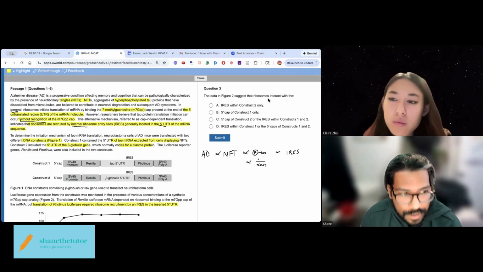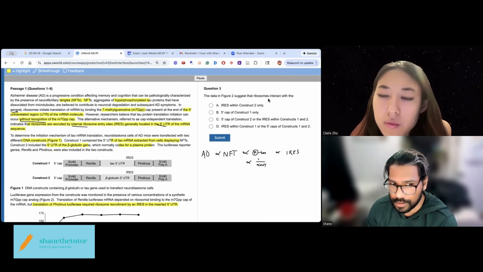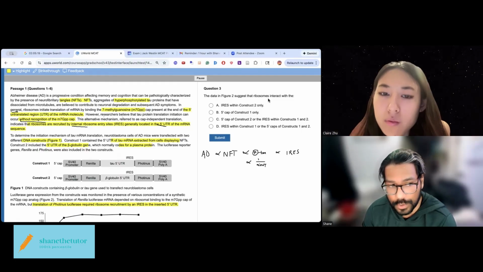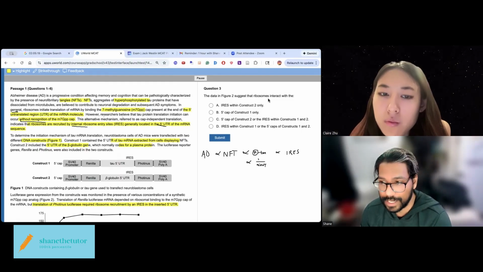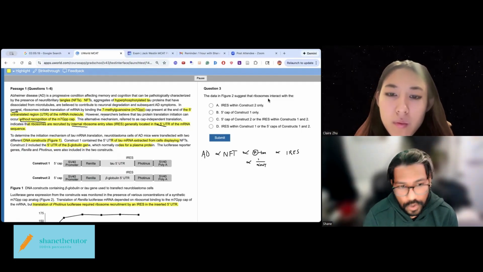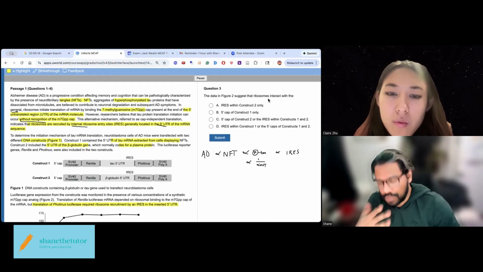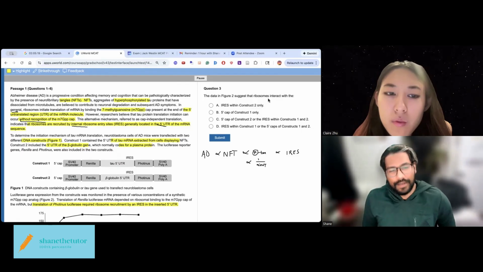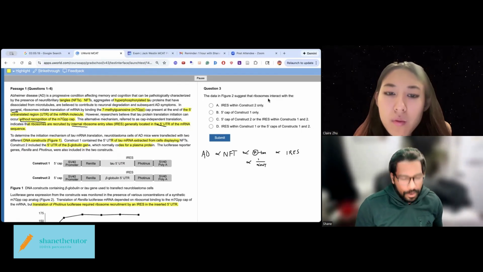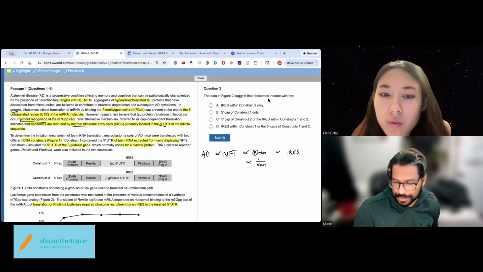So if this construct 2 was something that we knew does not cause NFTs, then that can be a negative control, right? But from what I see so far, it says it normally codes for a plasma protein, so maybe it could be similar to that. But yeah, I would always look for that directionality when it comes to controls.